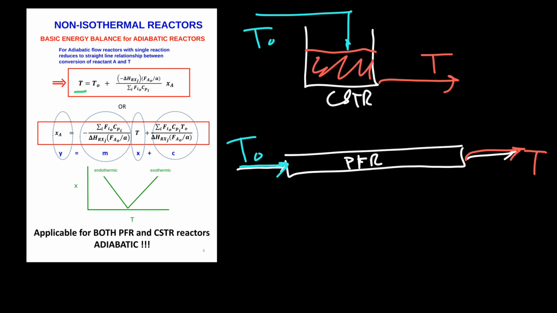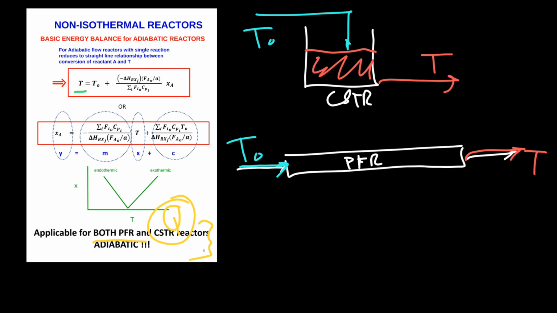What is important to note is that I can apply this to both an adiabatic, it must be adiabatic, steady state PFR and a CSTR. So in my CSTR, my inlet will immediately, as it hits that reactor, suddenly jump to that outlet temperature.